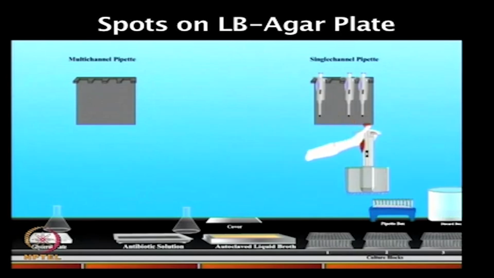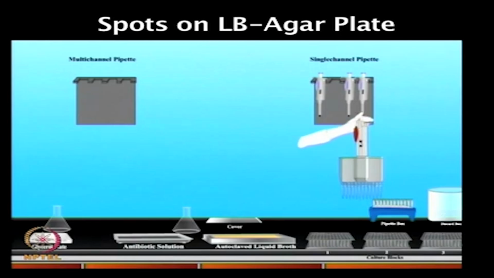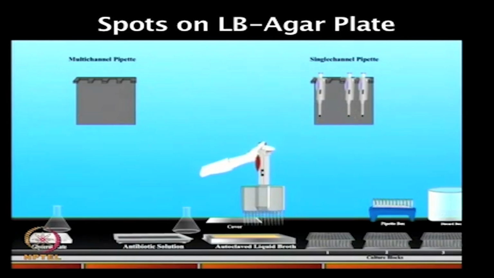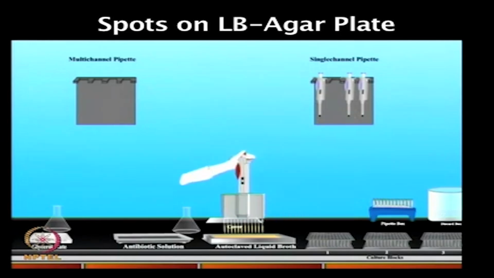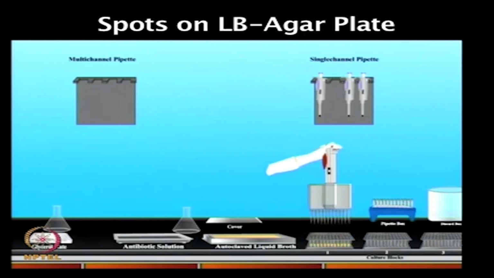So, allow the bacteria to grow overnight at 37 degrees before inoculating that into the liquid medium. So, as shown here, you can use a multi-channel pipetter or you can also use the liquid handling system. First of all, you need to prepare the culture blocks and add the liquid broth in 96 well plate format.